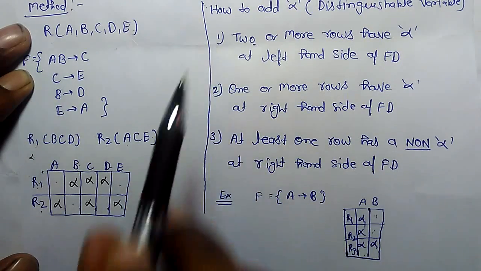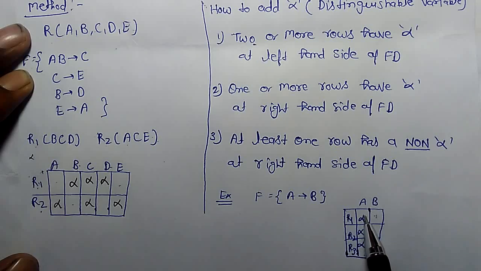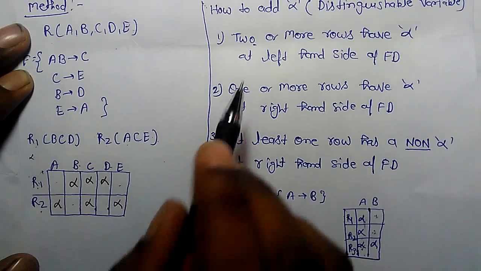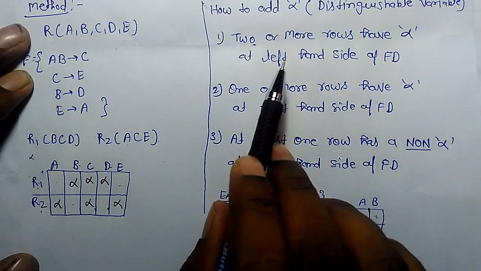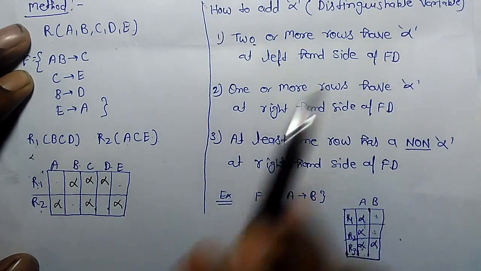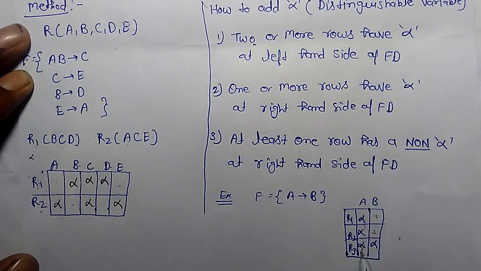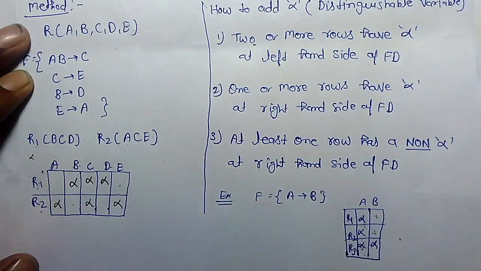To apply this method, we check the rows: in 1, 2, 3 rows we have alpha on the left hand side, and we have to fill the right hand side. So here we have 3 alpha. It means the first rule is correct.